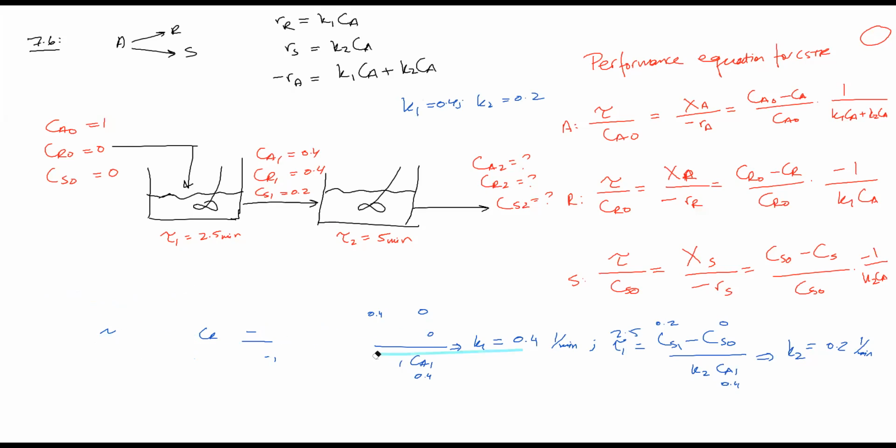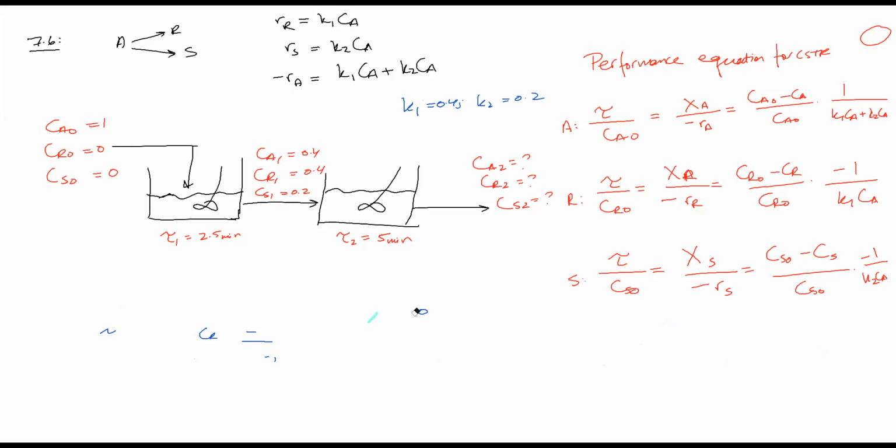Erase these. Okay, here we go. Page number 6. Now I'm going to use K1 and K2 to get CA2, CR2, and CS2.